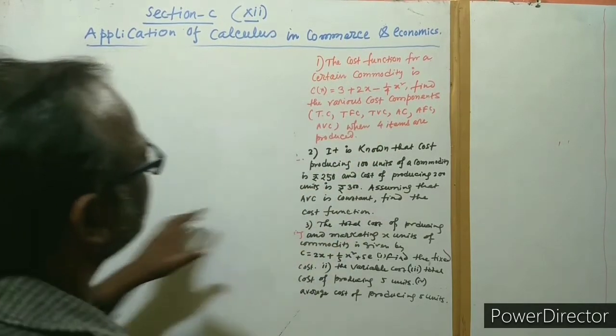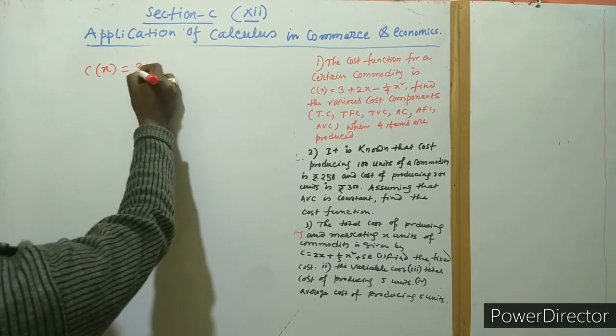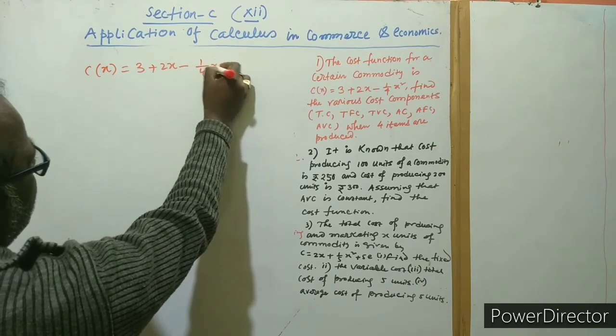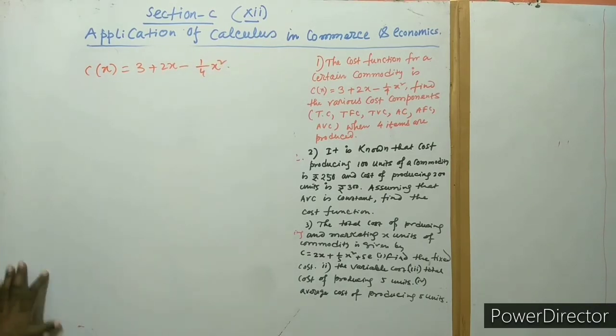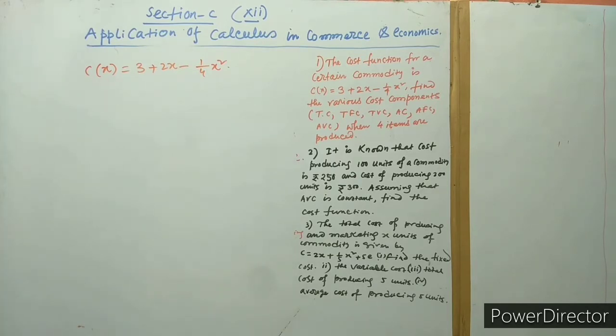The cost function of a certain commodity is 3 plus 2x minus 1 by 4x square. Actually there are some components, and about these components I want to introduce some basic ideas. That's why I introduce this problem here.